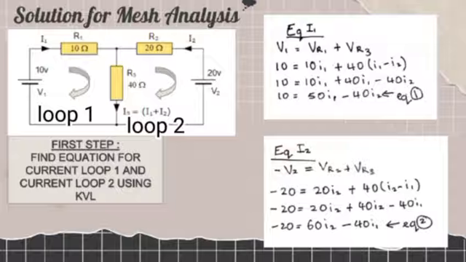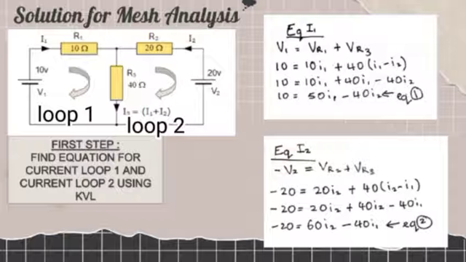V1 is 10 and VR1 is 10 I1 plus VR3, that is 40 times I1 minus I2. The answer will be 10 equals 50 I1 minus 40 I2. This represents equation 1.